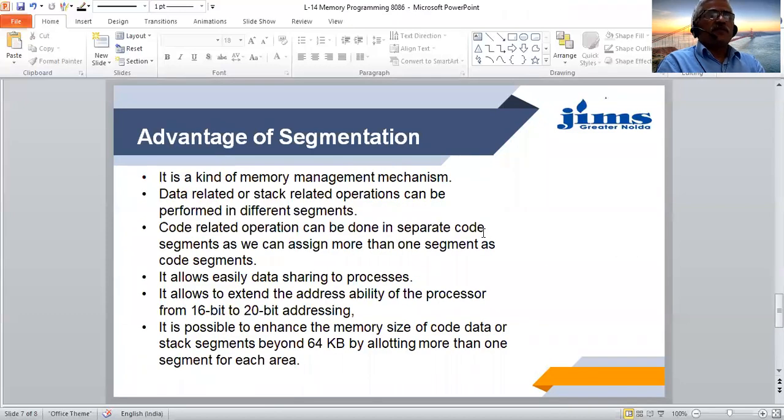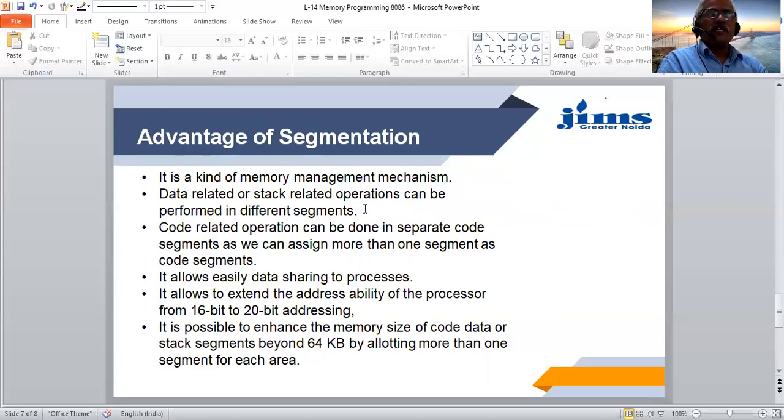Finally, having done this segmentation, what are the advantages? There are a number of advantages of doing this segmentation. It is a better, efficient memory management mechanism. With segmentation, we'll be able to manage the memory properly.